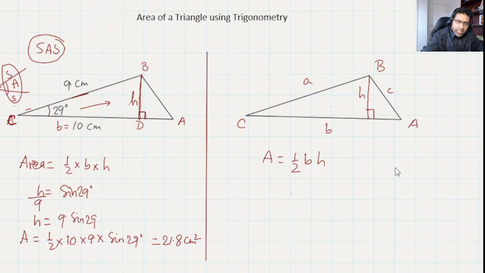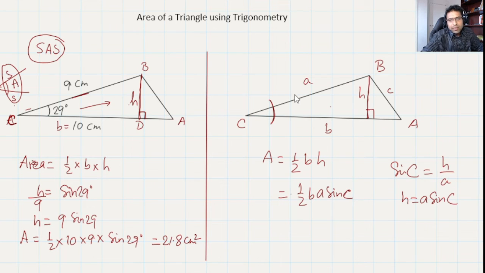So we know that sine of theta, so sine C given, sine C equals opposite over hypotenuse, which is H over A. We are looking at this angle and at this left side right angle triangle. So H we can write as A sine of C, and now you can say area will be half of B A sine C, right?